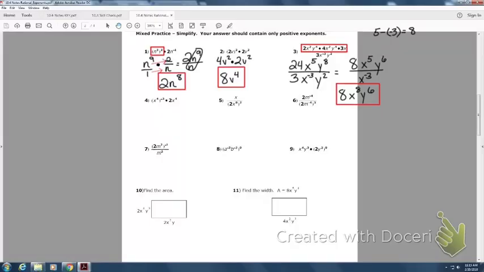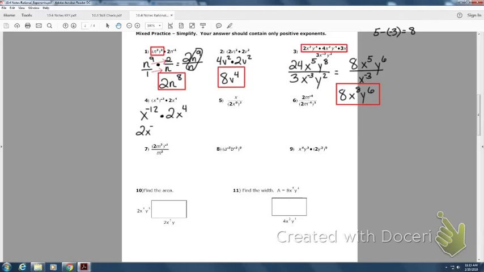Okay, walking through number 4. So, first thing I have is a power to a power. So I'm going to do x to the power of negative 12 times 2x to the 4th. Now I'm going to multiply, so what do I do with my exponents? Add them.